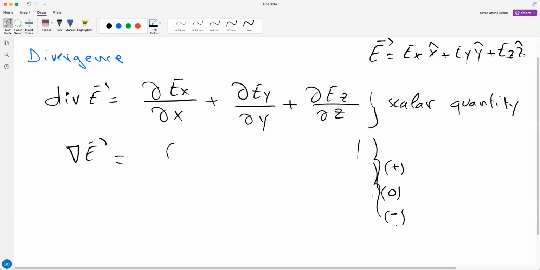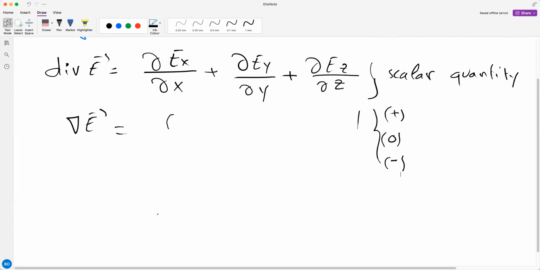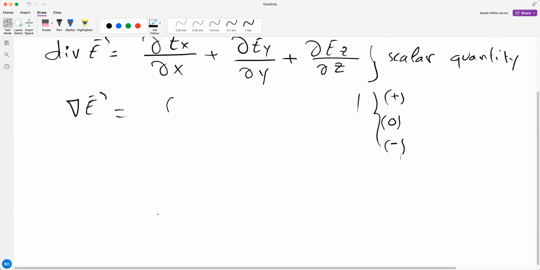There is an important theorem that is called the divergence theorem. We will use it mostly later when we will talk about electrostatics and magnetostatics.